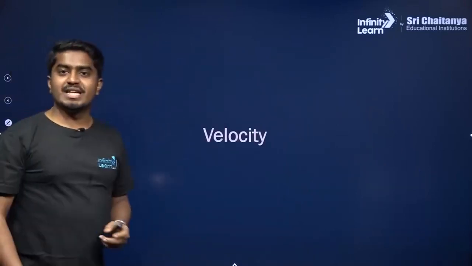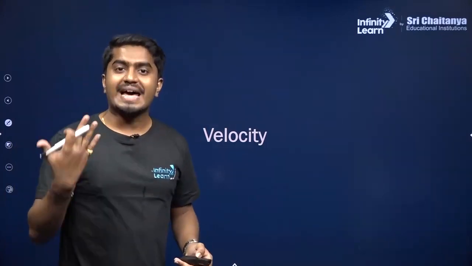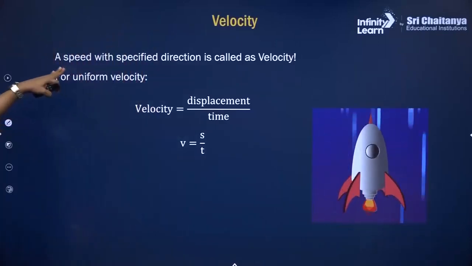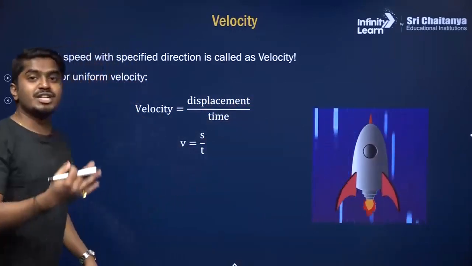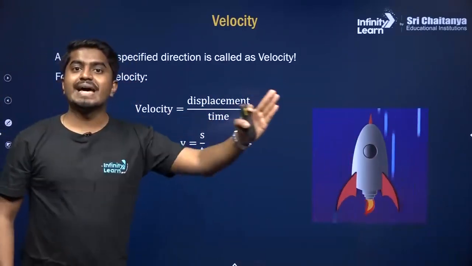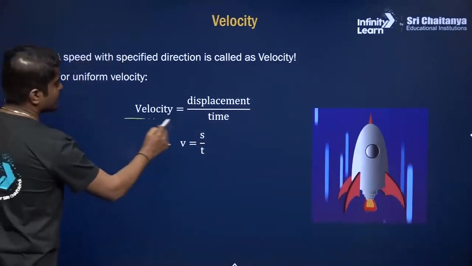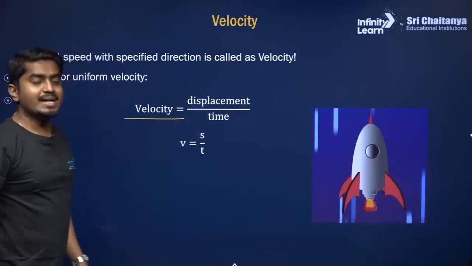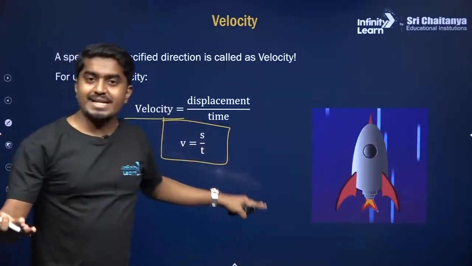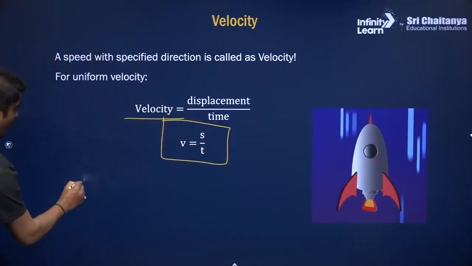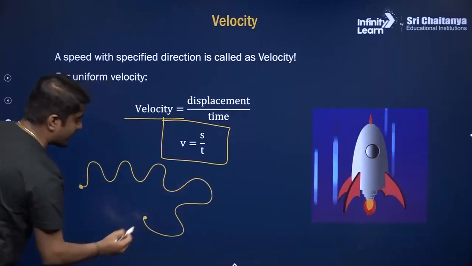So what is velocity? Let's understand that. It is very similar to speed, just that it has a direction. Whenever an object is moving with some speed and it is directed in a particular direction, then we say that it is velocity. And what is the formula for velocity? It is displacement divided by time. For example, if an object starts here, then moves along a random path and returns back to this point.